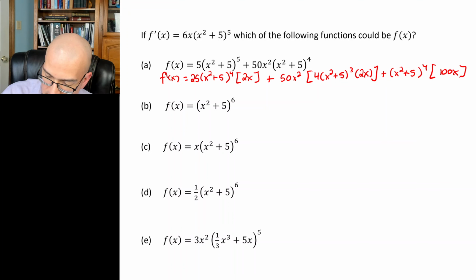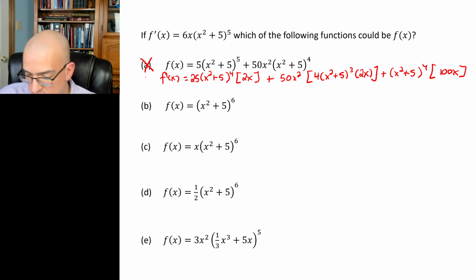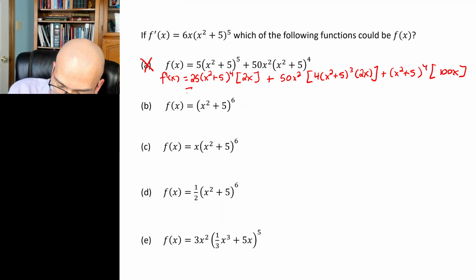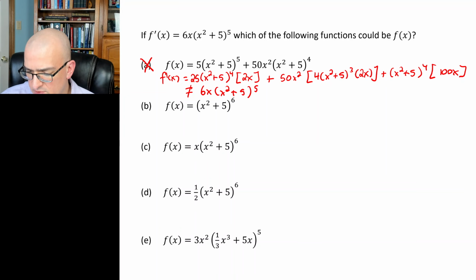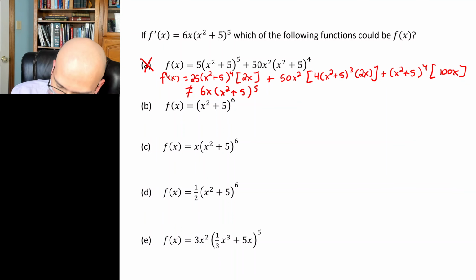And this is definitely wrong. We're not going to get anything canceling. This is not equal to 6x times x squared plus 5 to the power of 5. Most certainly not the case. Let's try the next one.